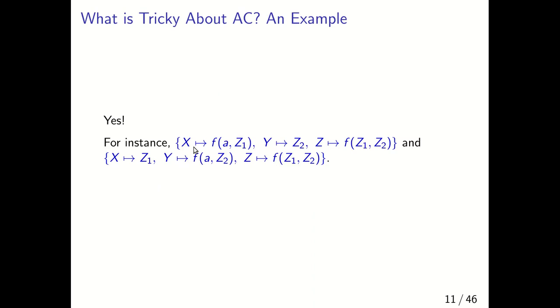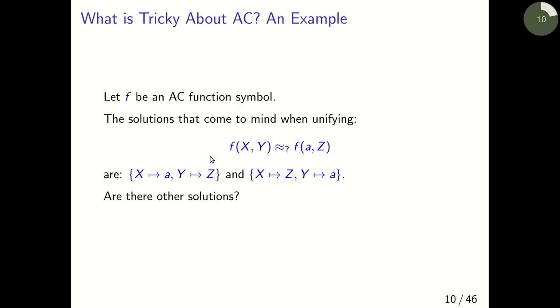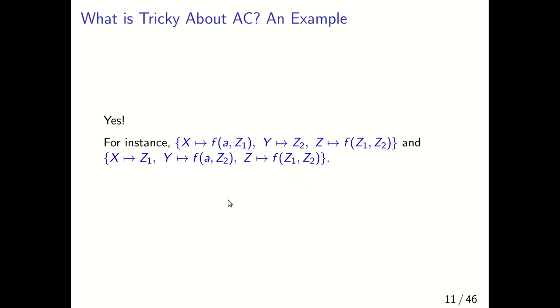For instance, you can instantiate x to f of a, z1, so you introduce this new variable z1, and then you instantiate y to z2, so you introduce this new variable z2, but to compensate that, you instantiate z to f of z1, z2. And then both terms will be f of a, z1, and z2. Alternatively, you can instantiate x to z1, y to f of a, z2, and z to f of z1, z2.